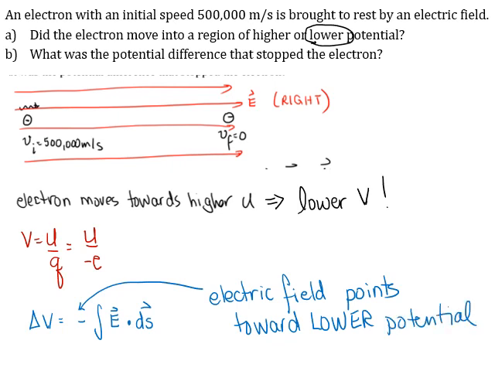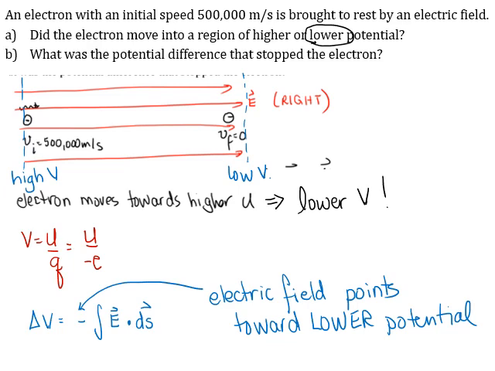So on our picture up here, the region where we started would be high potential, because that's where the electric field starts. Over here near the end, where our electric field points towards, that would be lower potential. Okay, so there's part A explained in a couple of different ways.